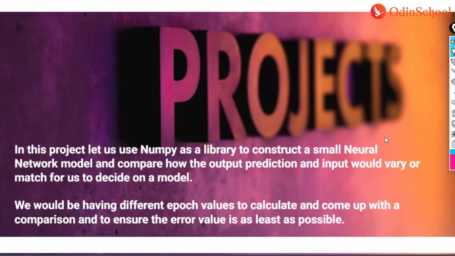Now, guys, whenever you're working on any model, it could be a machine learning model, or a deep learning model, or any model, the goal of any model is to ensure that you have the minimum or the least error. Now, what is error? Error is basically the difference between your actual and predicted values.